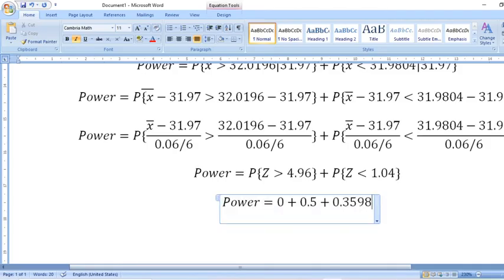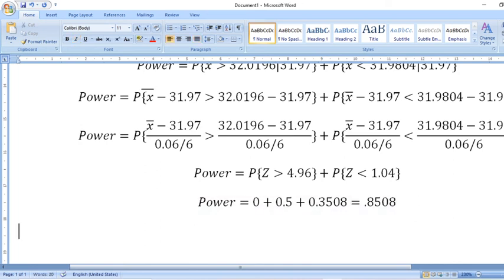Because we are considering only half of the portion for the table calculation, and we have to add the remaining half portion. So that is equal to 0.8508. So this is the power.